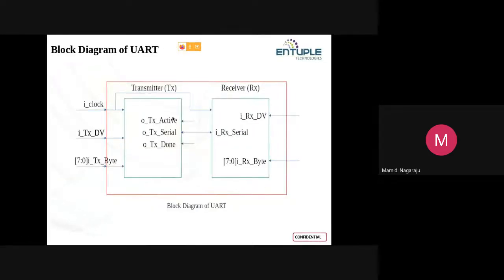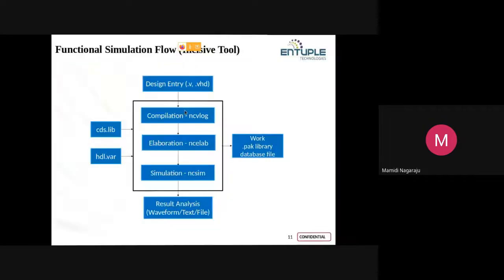You can see our design block diagram like this: transmitter section and receiver. At the top level we have the clock and design verification, where we give 8-bit input data, and we will check the G1 block and G2 block in the UART top level.